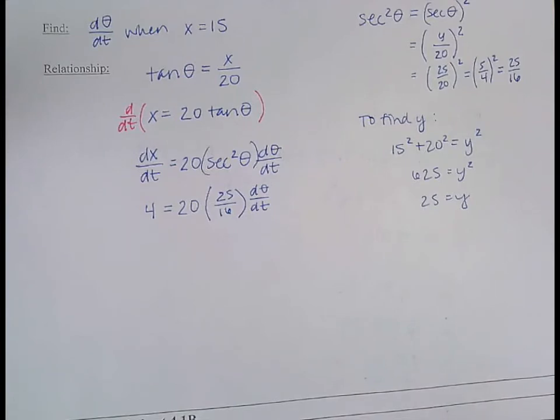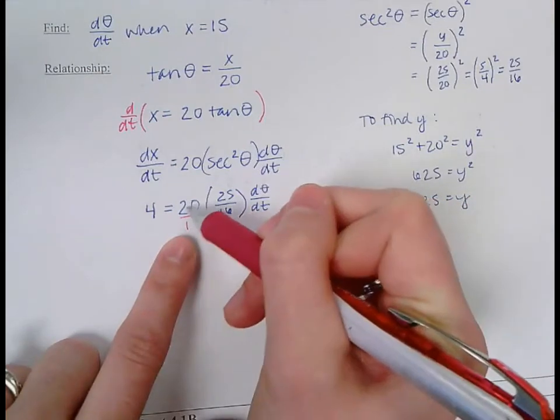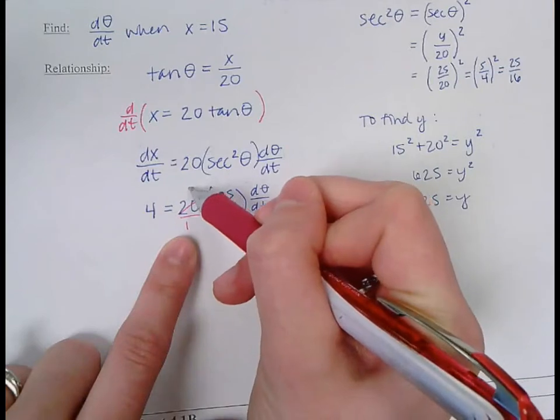And now I have what I need to solve for d theta/dt. I would even simplify further. Here this is 20 over 1, so I could simplify the 20 and the 16 to be 5/4.